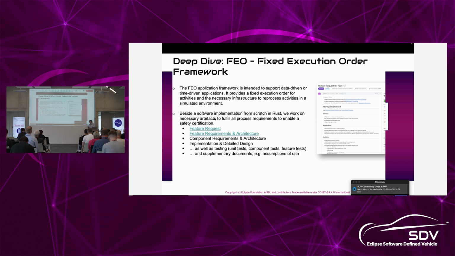So, go a step even further down, right? Now we look precisely into one box. The ADAS-related framework for writing applications for that domain, right? What need do we have there in that domain?